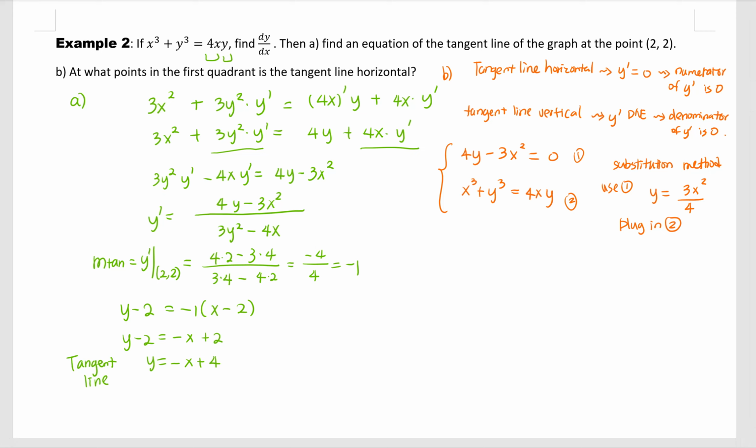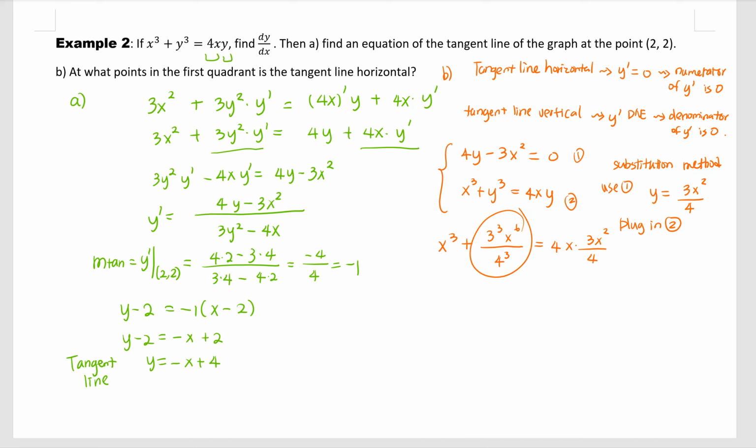Let's see. Then we have x cubed, y cubed. So 3 cubed, x squared cubed became x to the 6. 4 cubed equals 4xy, and y is 3x squared over 4. So far so good.